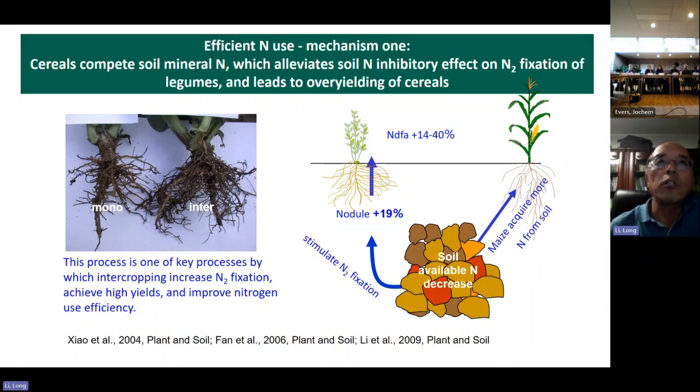The first mechanism for efficient nitrogen use is that it reduces soil mineral nitrogen, which alleviated the soil nitrogen inhibitory effect on nitrogen fixation of legumes and leads to over-yielding of cereals. This process is one of the key processes by which intercropping increases nitrogen fixation, acquires high yield, and improves nitrogen use efficiency.